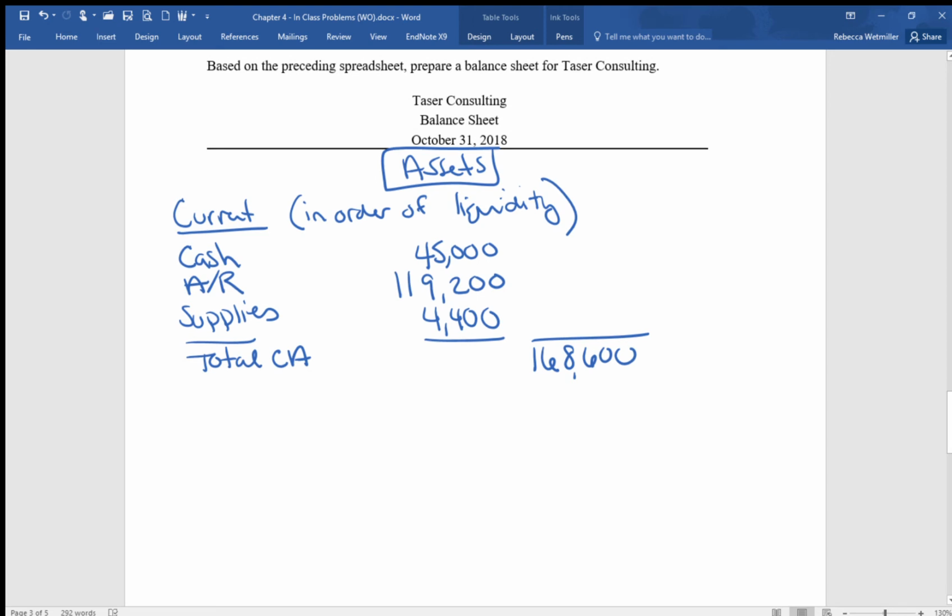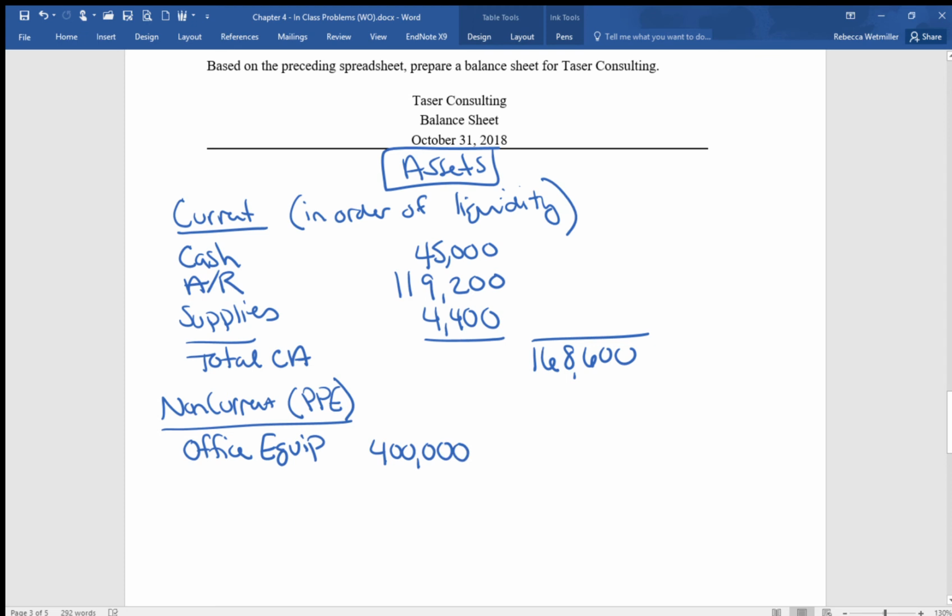Okay, so then we have non-current, or PP&E, however the company decides to call it. For this example, we have office equipment. We certainly hope that that lasts longer than a year. And the cost of that office equipment was $400,000.